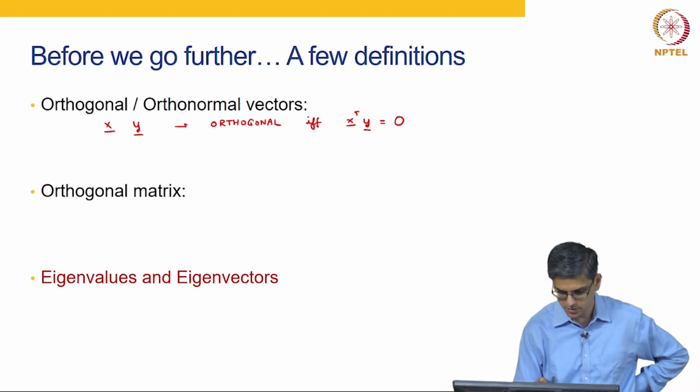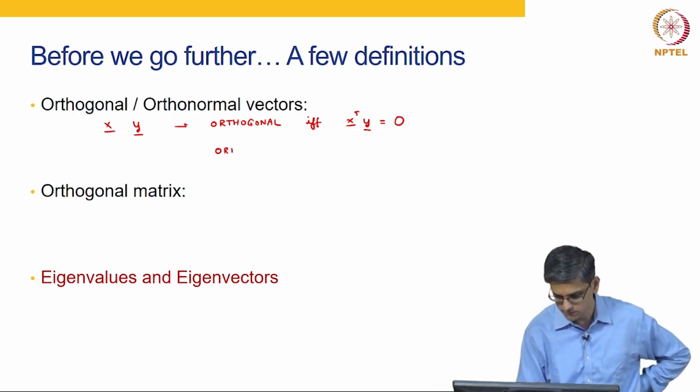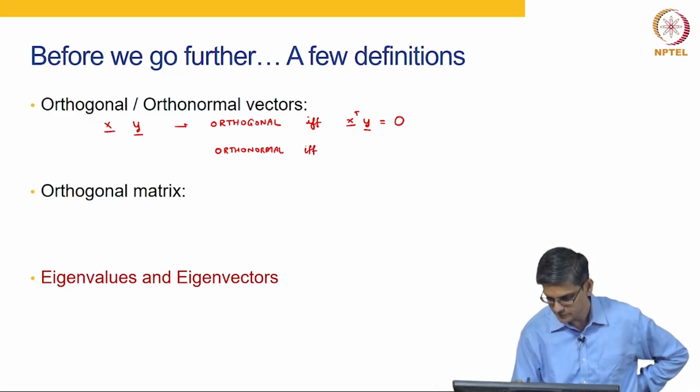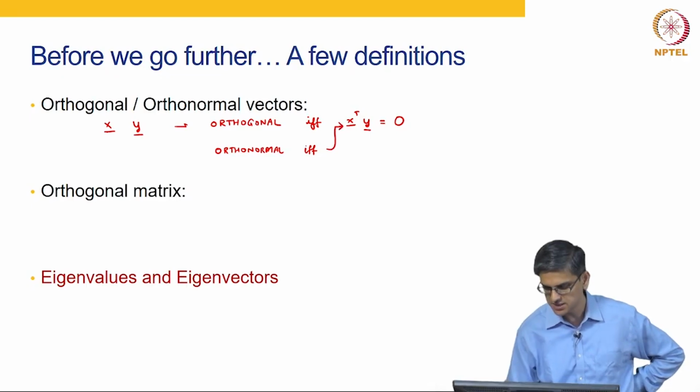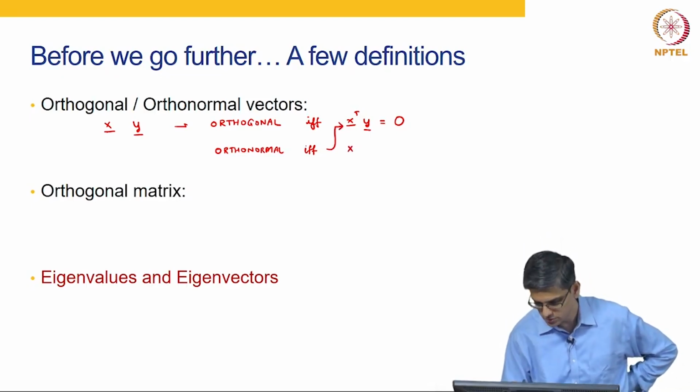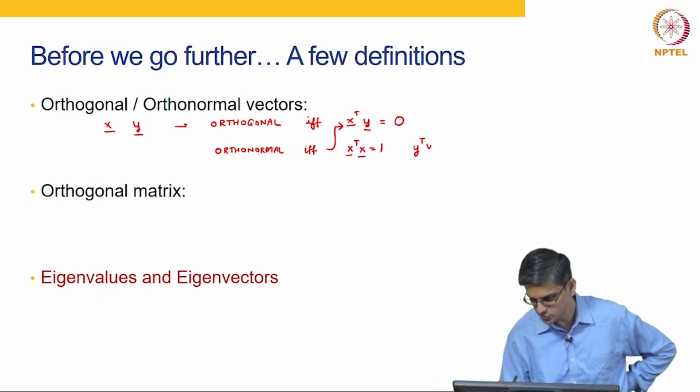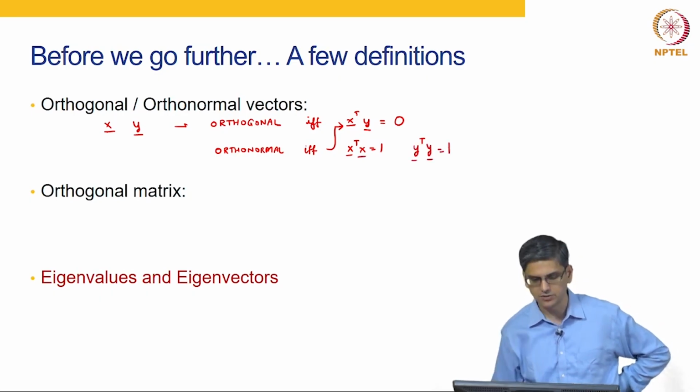They are orthonormal if x transpose y equal to 0, x transpose x equal to 1, y transpose y equal to 1.